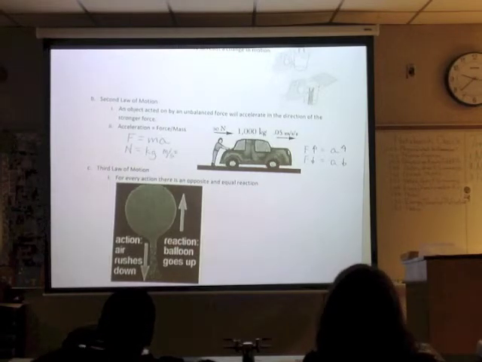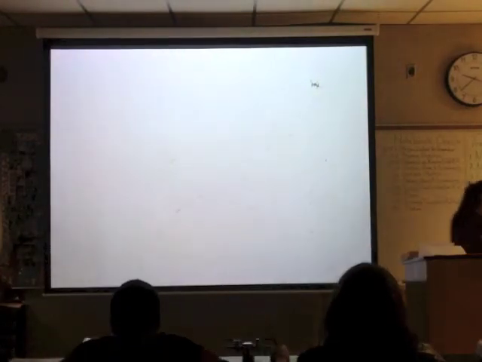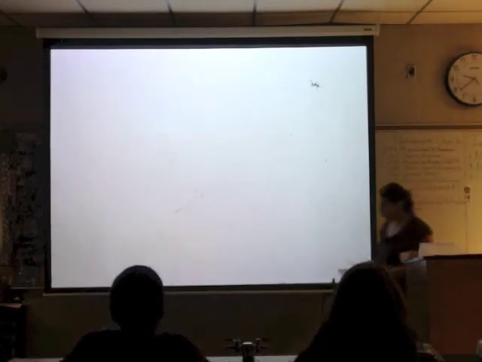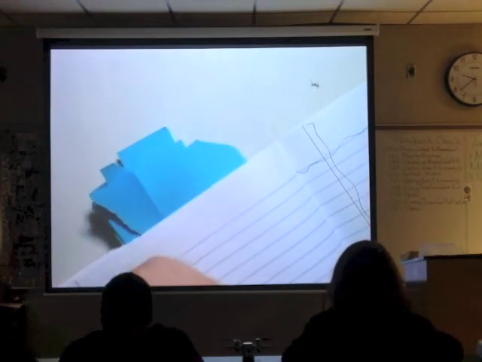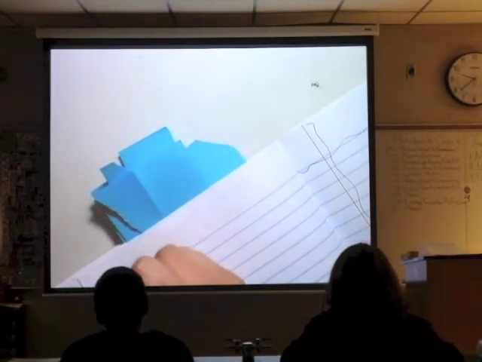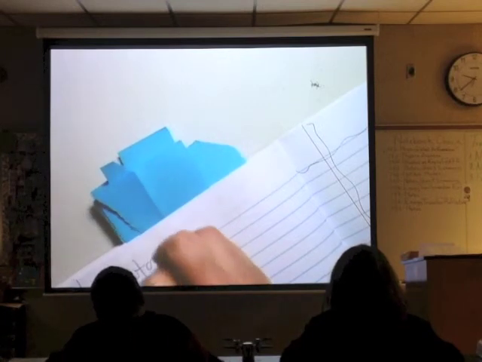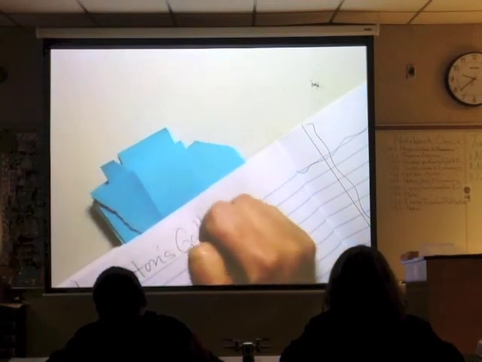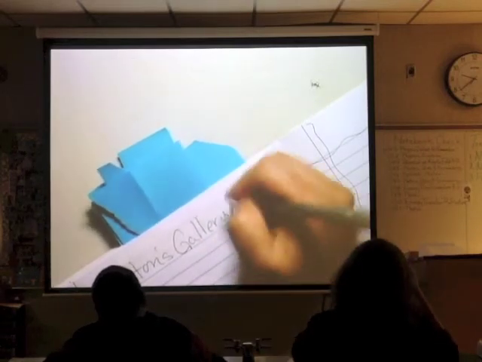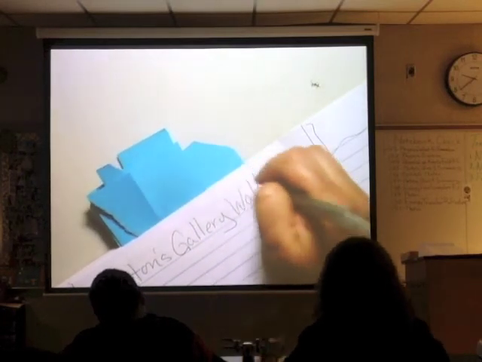Alright. On page 154, I want you to make page 154 three columns. It's called the Newton's Gallery Walk, so you can title it Newton's Gallery Walk.